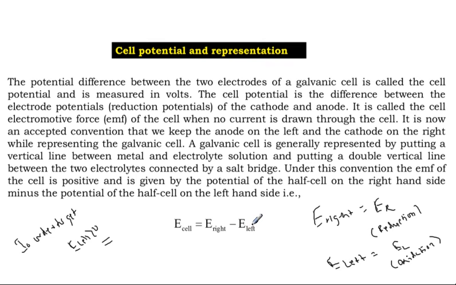When you subtract a negative potential from a positive potential, the overall potential can be 0. So this is the reason we are following the conventional method, and in evaluating cell potential we have to subtract the left side electrode potential from the right side electrode potential, or in other words, the oxidation potential should be subtracted from the reduction potential.